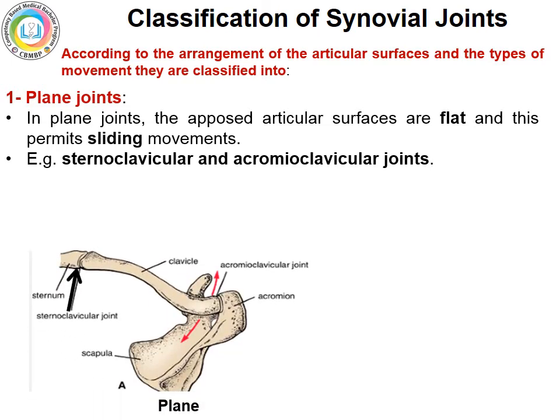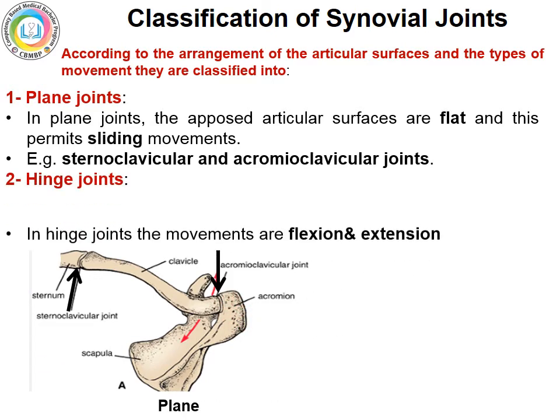Here is the sternoclavicular, the joint between the sternum and the clavicle, or acromioclavicular, the joint between the clavicle and the acromion of the scapula.